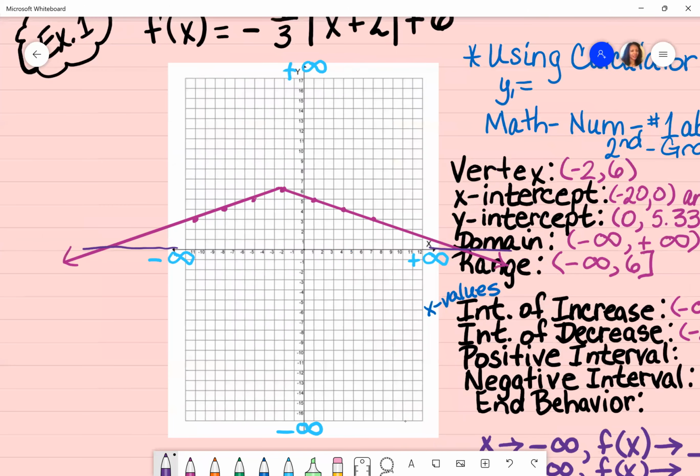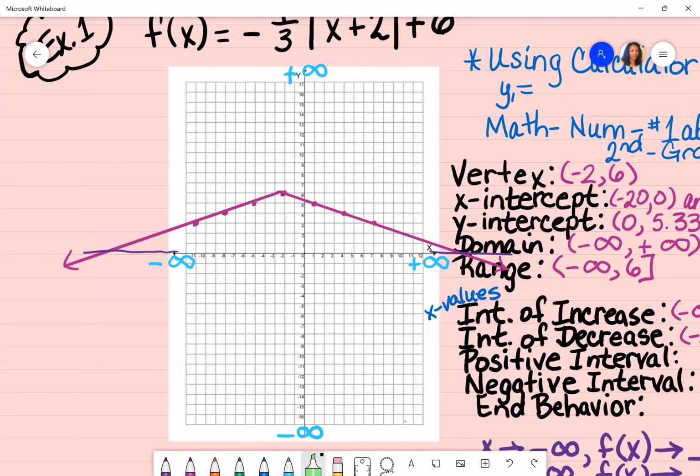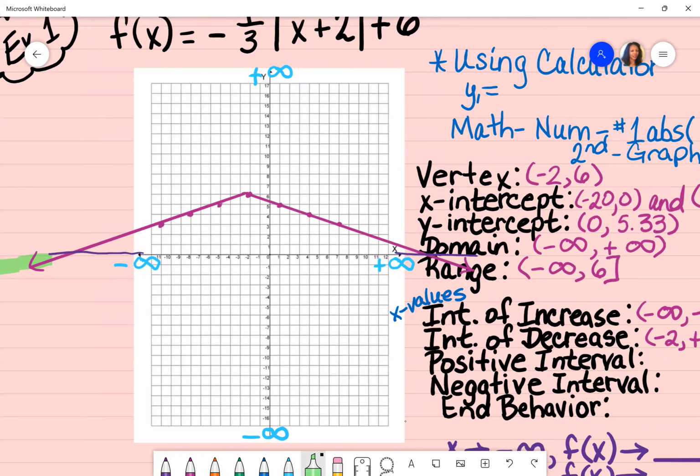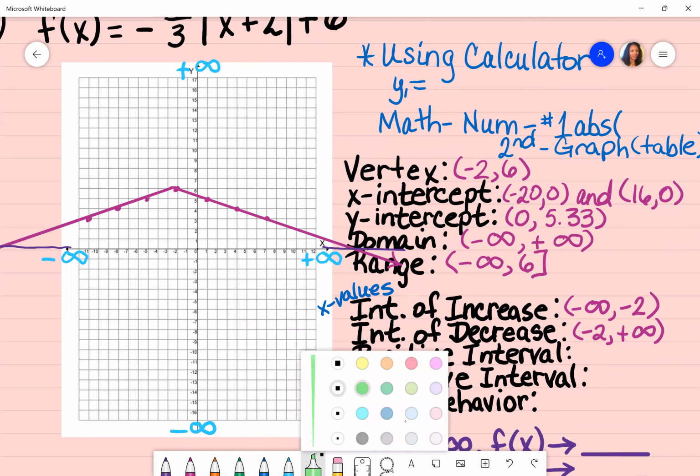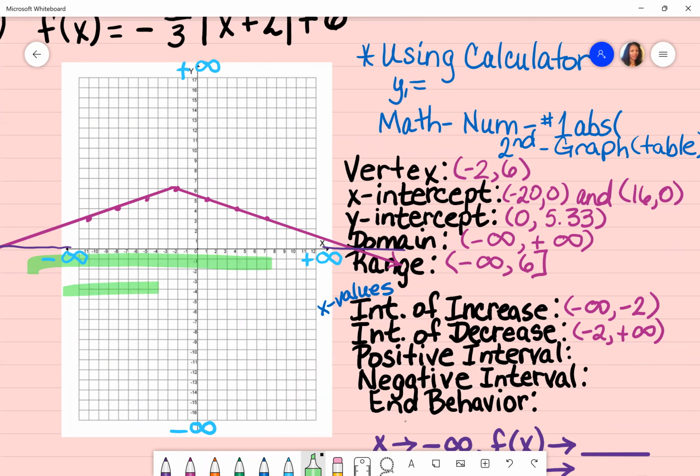So I know that anywhere from negative infinity up to negative 20, which is my first x-intercept, I am going to have a negative interval. What does that mean? Anything that falls below my x-axis. So that's what that means. Anything that's falling below. So when I'm writing that out, I am going to write for my negative interval in parentheses, negative infinity to my first x-intercept, which is negative 20.